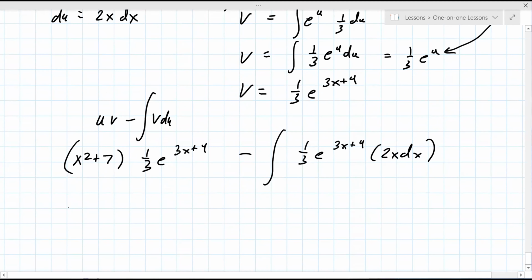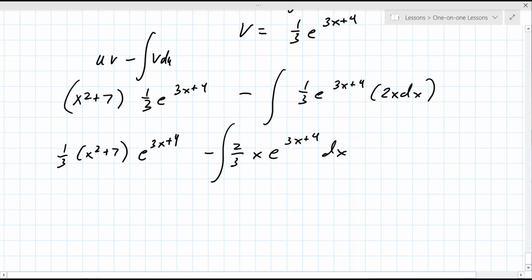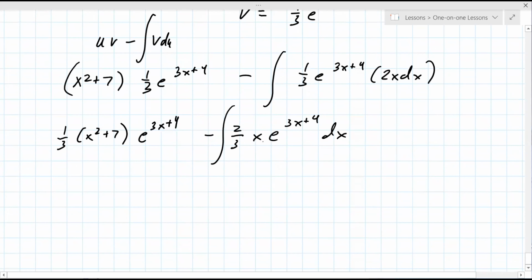So I'll clean this left side up here a little bit. It's 1/3 (x squared plus 7) e to the 3x plus 4 minus 2/3 times the integral of x e to the 3x plus 4 dx. Unfortunately, this one on the right you cannot take the integral of because it's another integration by parts.